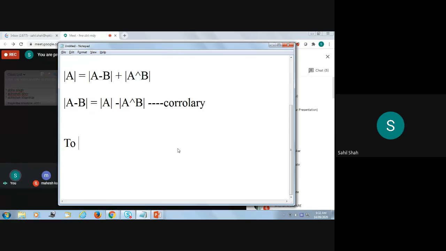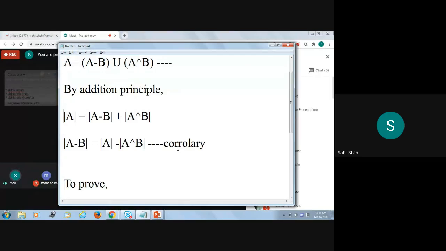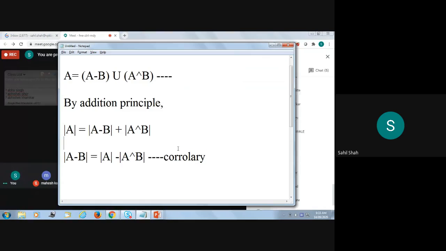I have to prove cardinality of A union B is equal to cardinality of A plus cardinality of B minus cardinality of A intersection B. For proving this, we will make use of this corollary somewhere. That is the reason why I have shown you this corollary, nothing else.